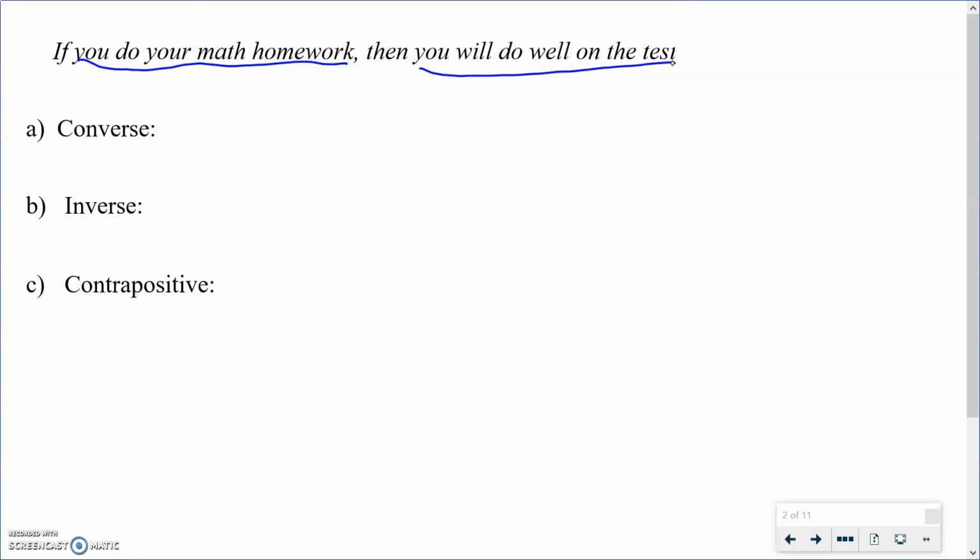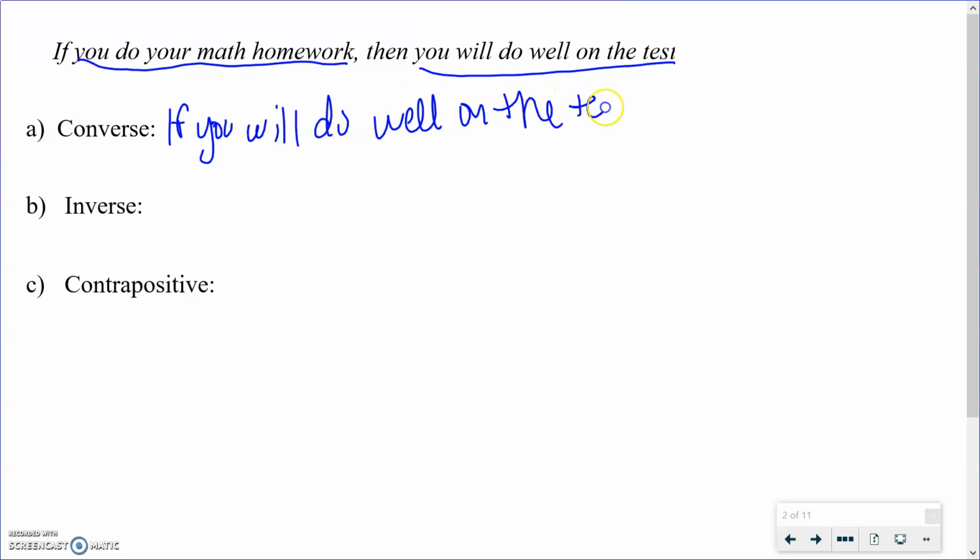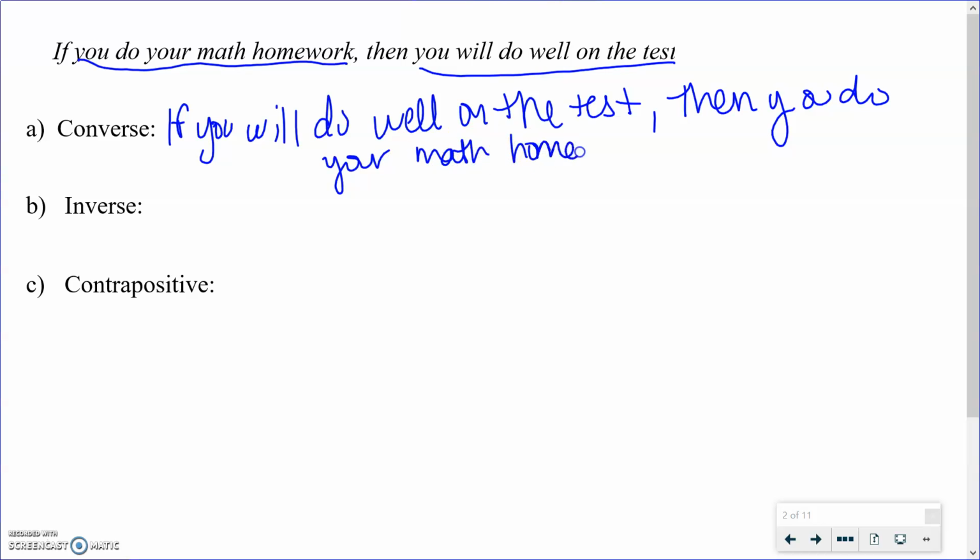So we're just going to say if you will do well on the test, then you do your math homework. Okay, sorry, that's really kind of illegible. I'm trying to write it quickly for you. So you're just switching the hypothesis and the conclusion.